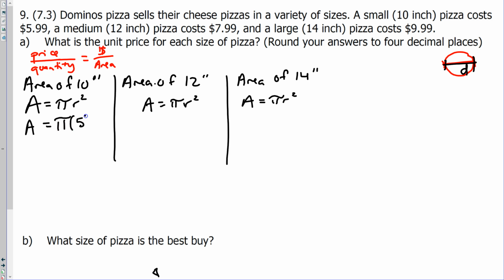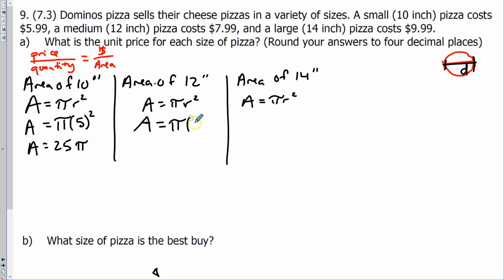So half of 10 is 5 inches. When I square it, that is 25, and I just haven't calculated the measurement with pi just yet. I'll calculate that in one go when we get down to our unit price, just to avoid having to round too early. You never want to round answers till you get to the very end. So that's what we're doing here.